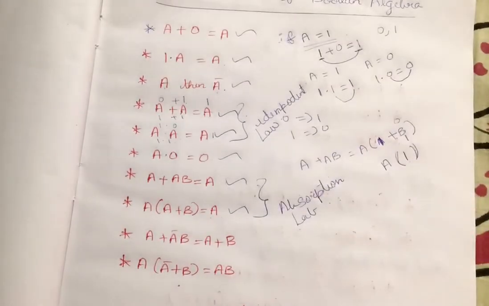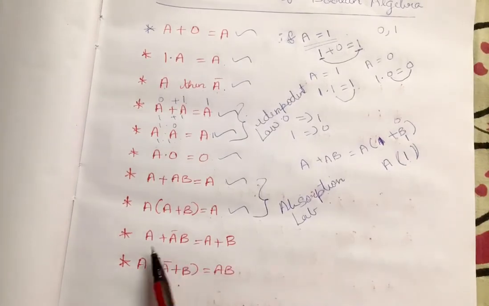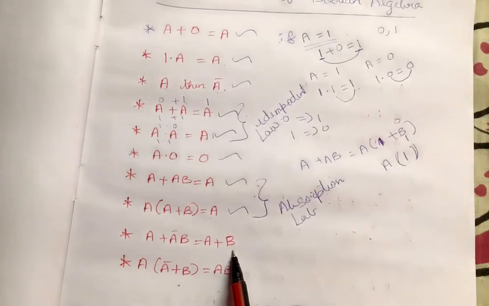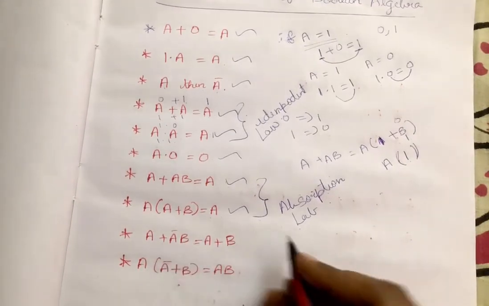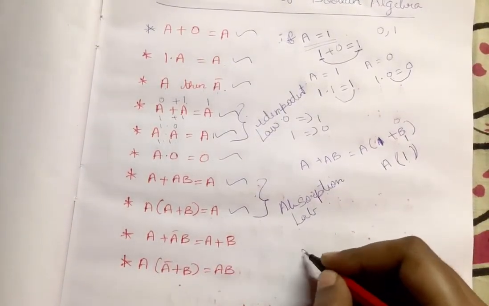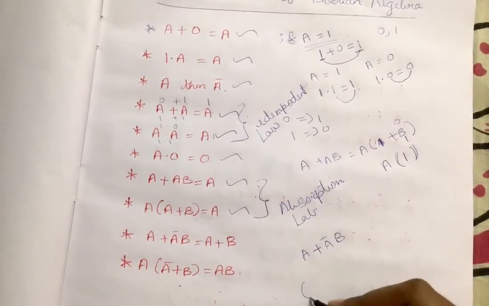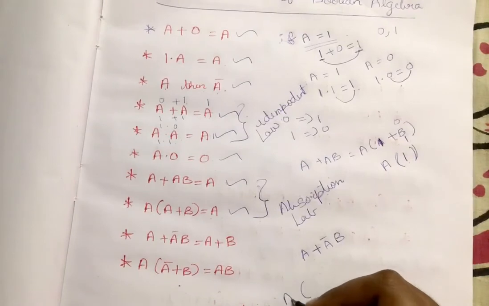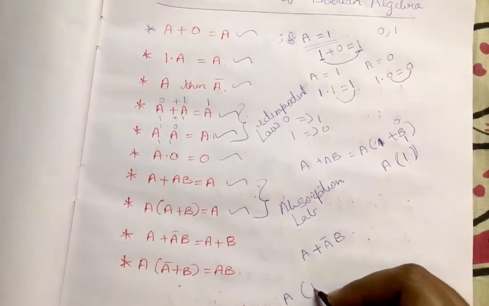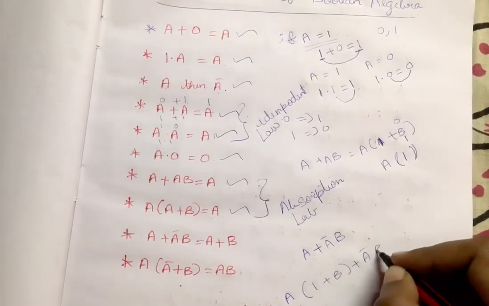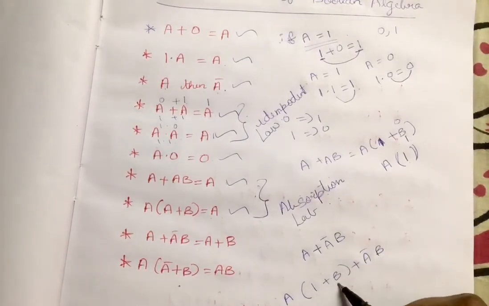Next we will see these last two laws. Now for A plus A bar B is equal to A plus B, first we will solve this property. A plus A bar B can also be written as A times 1 plus B, plus A bar B. Actually we saw that 1 plus B is equal to 1.